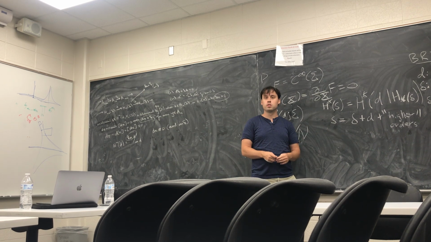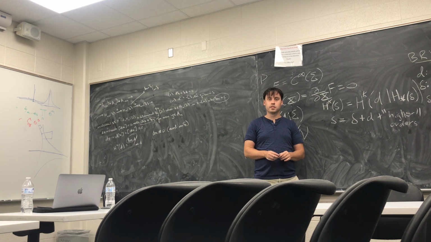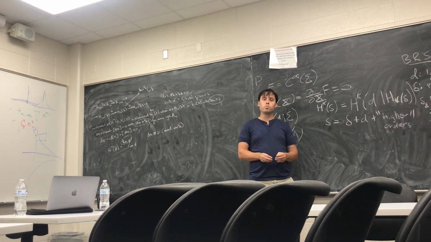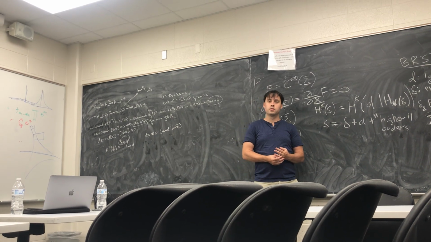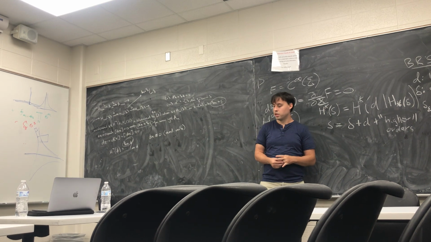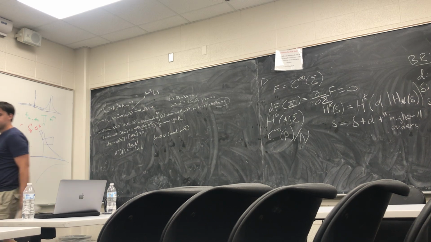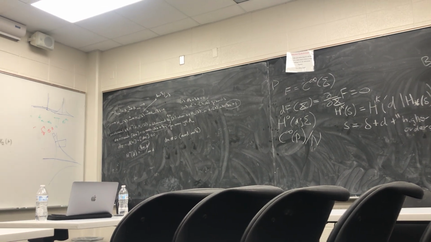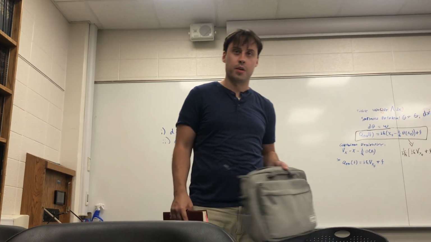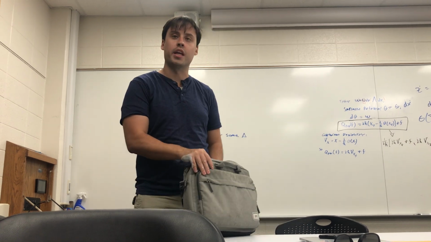Faddeev-Popov had ghost fields and stuff, but I don't see any s's in their notation. You know what their ultimate purpose was? It was ultimately in the whole path integral thing. It was to keep you from overcounting gauge stuff. Right. And it was getting a determinant, like a Jacobian.